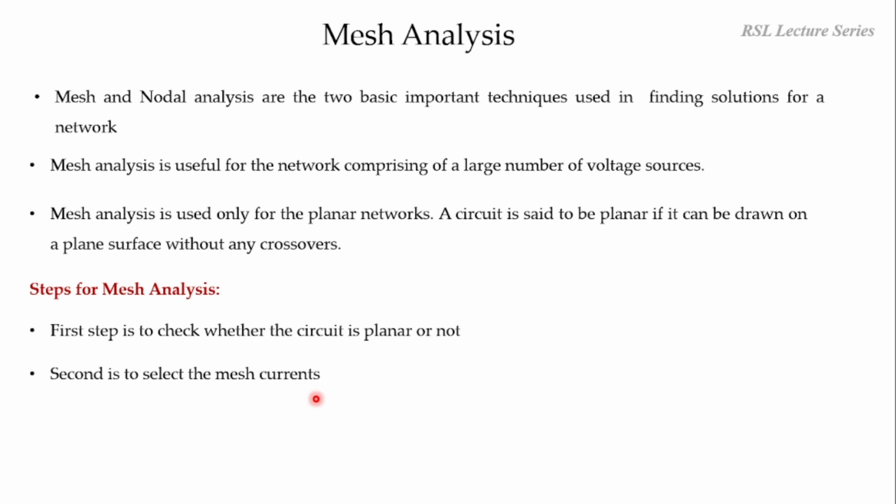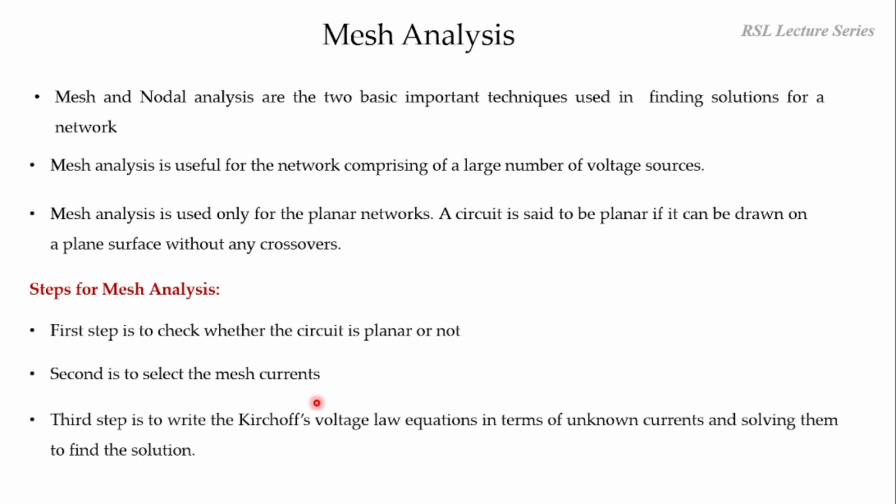We have to always assume mesh currents. If there are two meshes, then we have to assume two unknown values of currents. If we have three meshes, then we have to assume three currents. Depending upon the number of meshes available, we have to assume the mesh currents. And finally, we have to write the Kirchhoff's voltage law equations in terms of unknown currents, and solve them to find the solution.